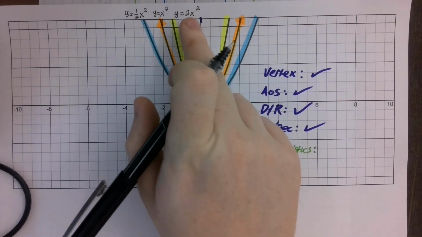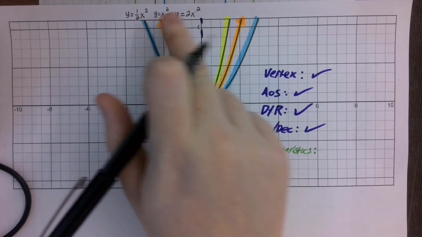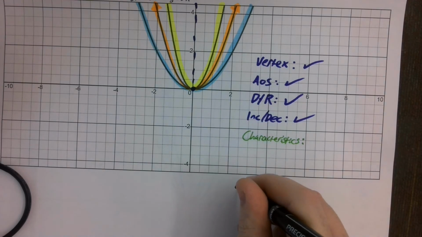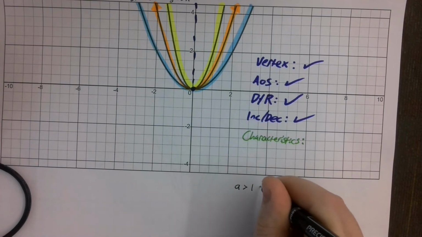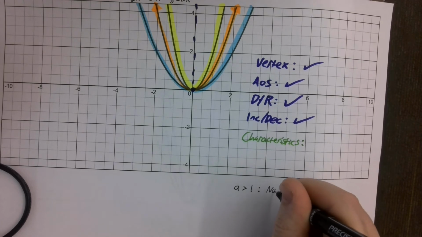If you have an a value that is bigger than 1, our parent function was 1, 2 is bigger than 1, it gets narrower.